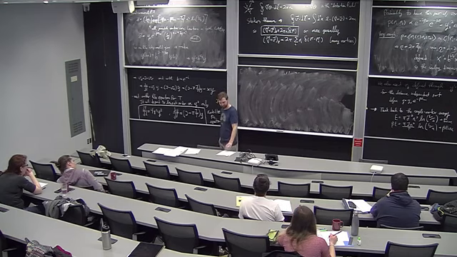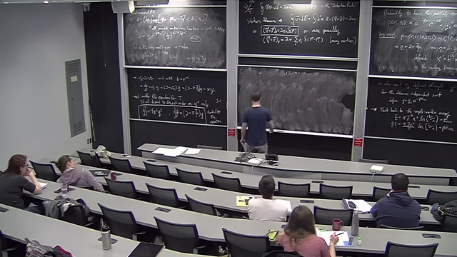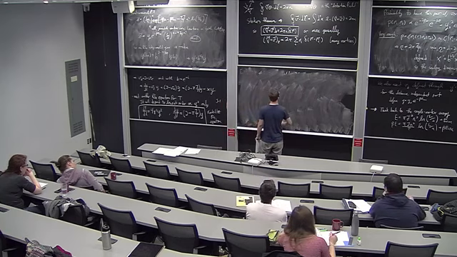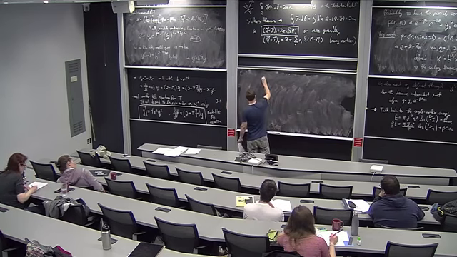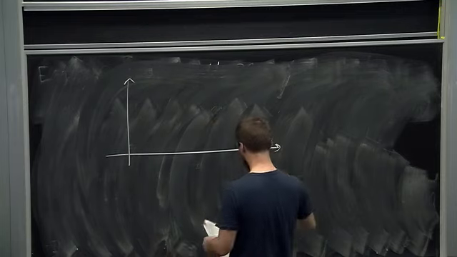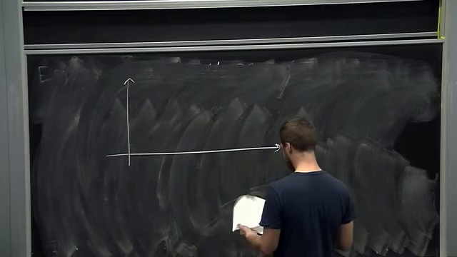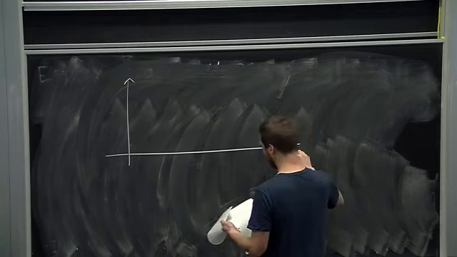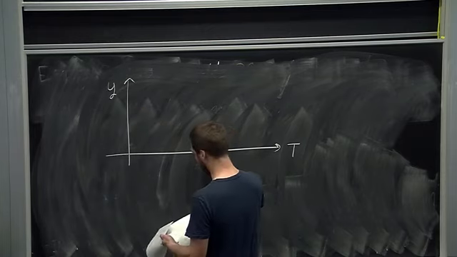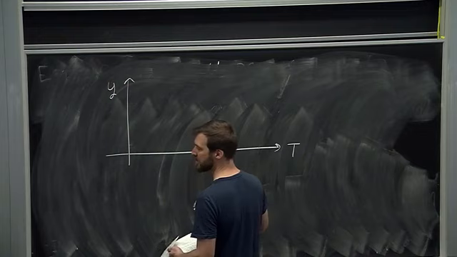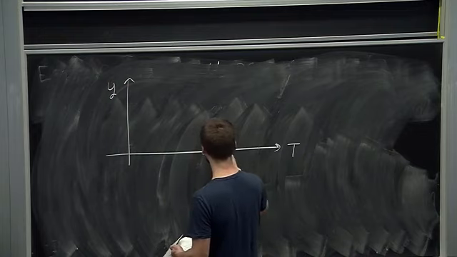So let me just draw how the flows look. I have T and y. I have the Kosterlitz-Thouless transition, at pi over 2, J equal to 1.